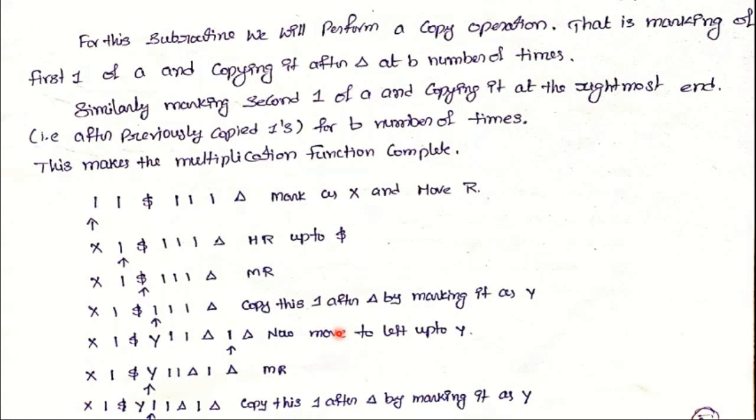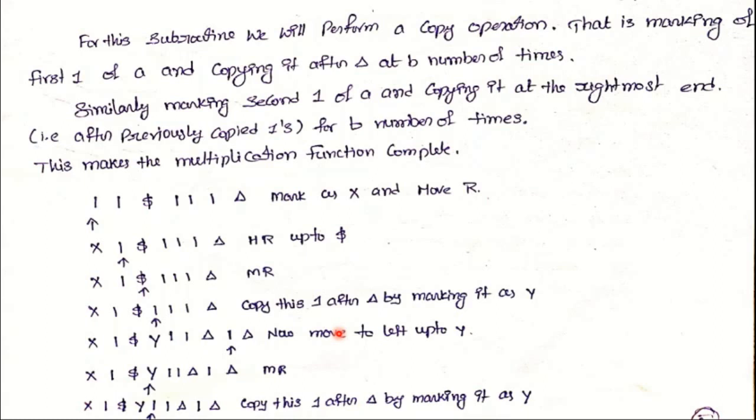With the first one of a, we copy the number of b's. Whatever the value of b, that many ones are copied at the end of the tape.